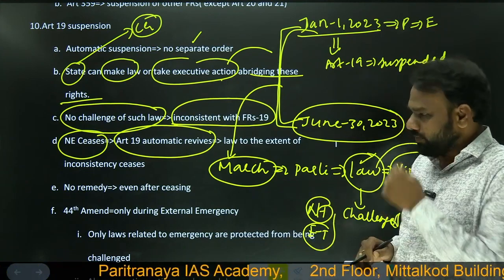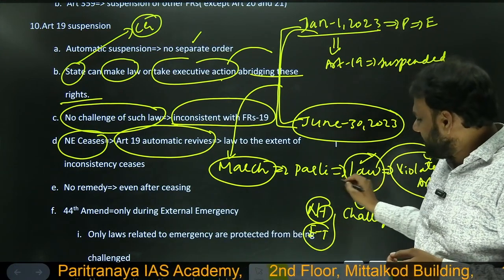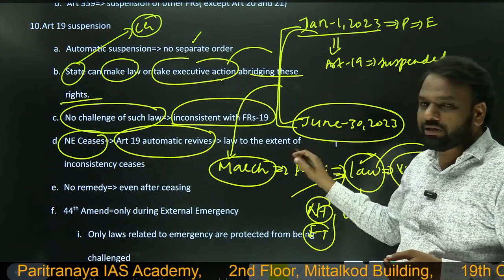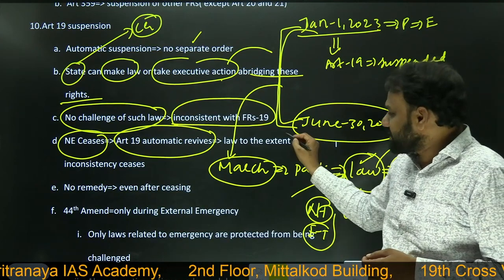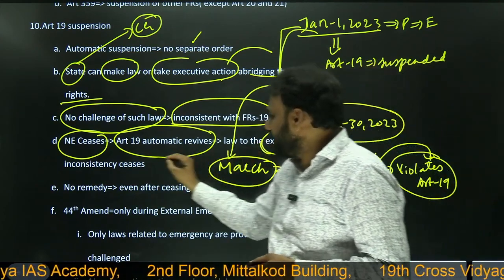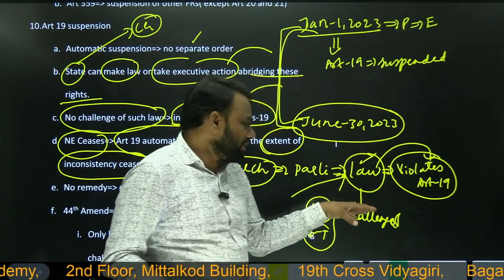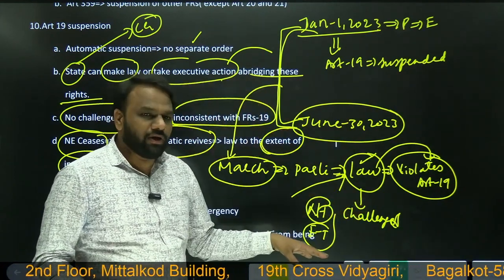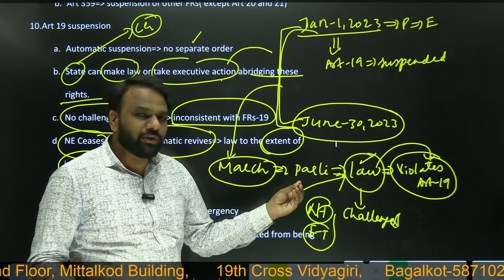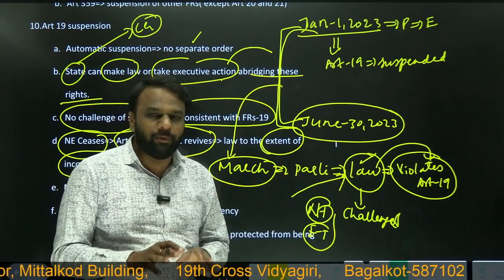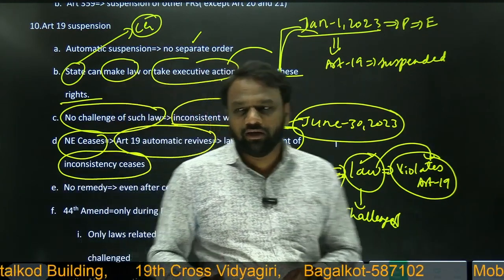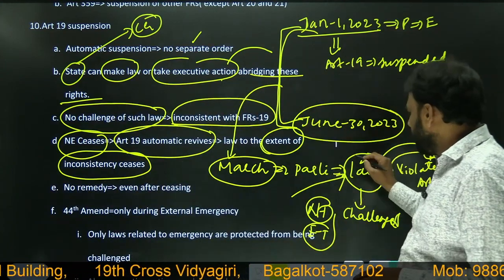Next, whatever law Parliament has made will cease to operate to the extent of inconsistency. It means this law will not be completely stopped from operating, but only to the extent of inconsistency it will stop operating. Completely it will not become void.